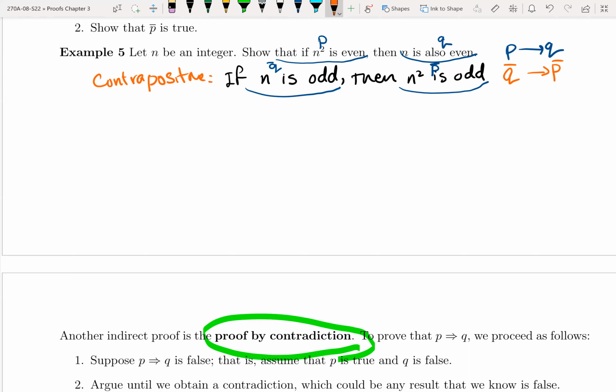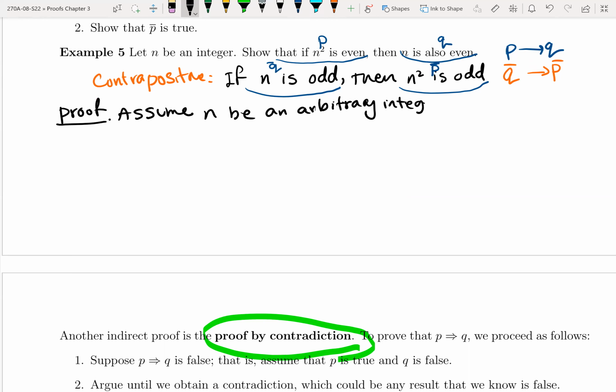Now you need to start with not Q, right? So that's now your brand new problem. The contrapositive is the brand new problem where you start with not Q and then you prove not P. So now you're assuming n is an arbitrary integer that you start with, and then you have n is odd.